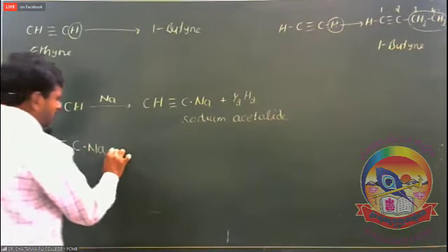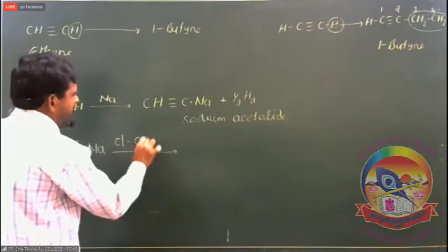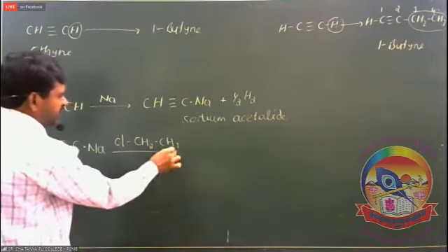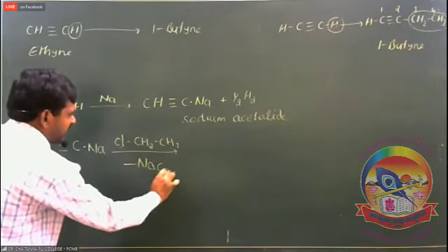This monosodium acetylene is treated with ethyl chloride, CH3CH2Cl. Here Na and Cl, NaCl, is eliminated.